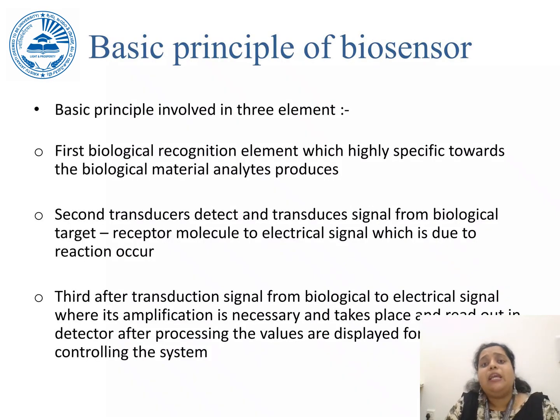Talking of basic principles, the basic principle of a biosensor involves three elements. First is the biological recognition element, which is highly specific towards the biological material analyte produced. Second is the transducer element that detects and transduces the signal from the biological target, where it is detected by a receptor molecule and is converted to an electrical signal due to the reaction.